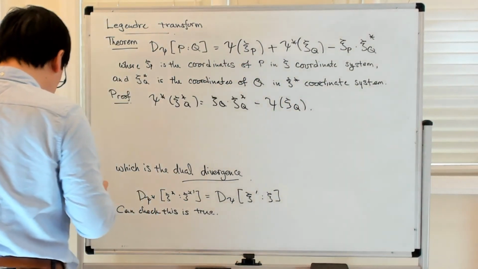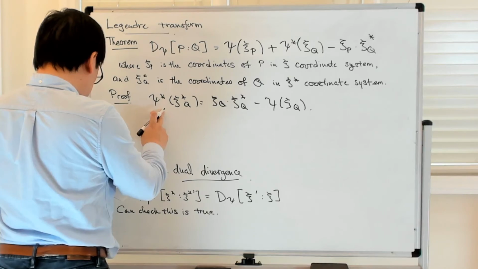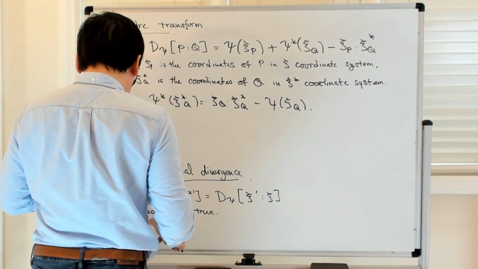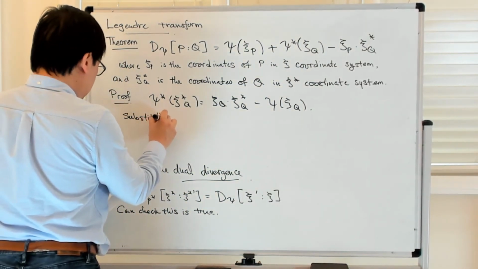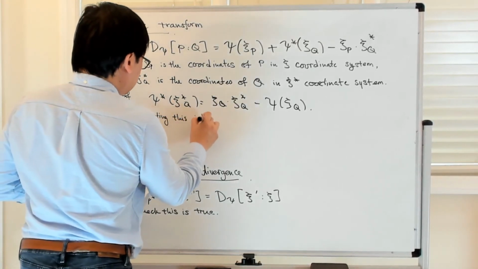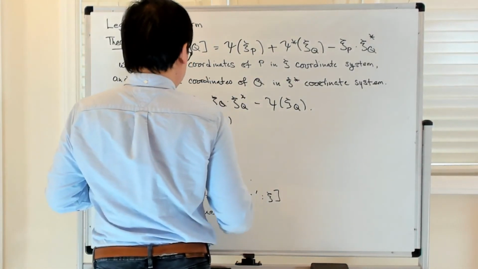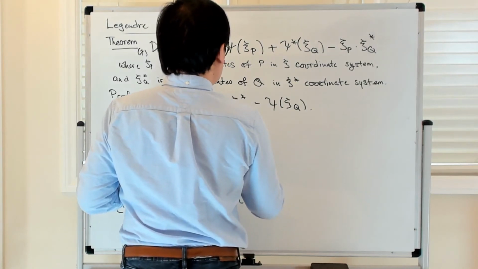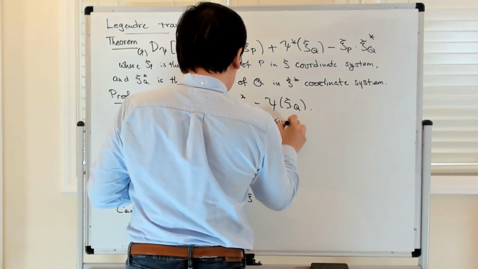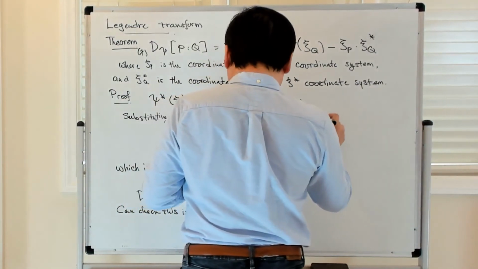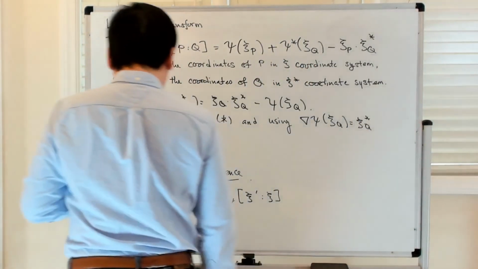And then you substitute this into this relationship, and using the fact that the gradient of psi at cos Cq is equal to cos Cq star gives the theorem.